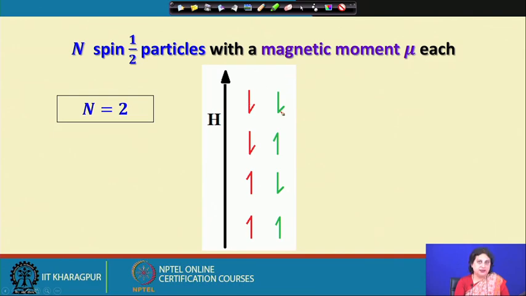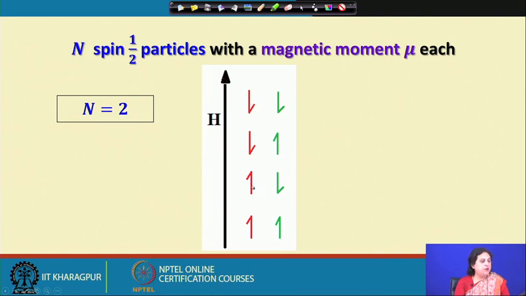Their colors are different so that we know that they are distinguishable, and each spin can take up an up orientation or a down orientation with respect to the direction of an applied field that is embedded in the system.